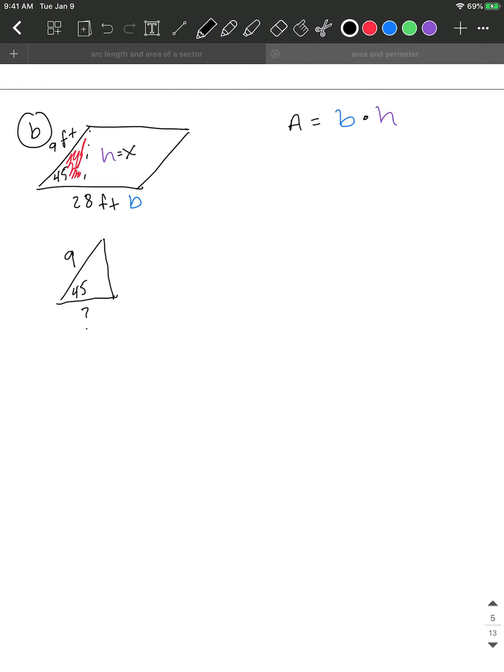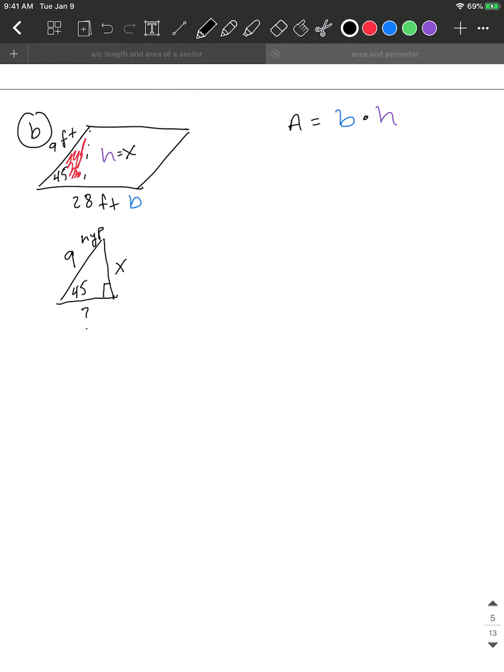Depending on the information they give us is depending on the trig function that we'll be using specifically. So I have an angle and I have a missing side, and then I have another side. Well, this other side turns out to be the hypotenuse, and we can always tell because of the right triangle it forms.